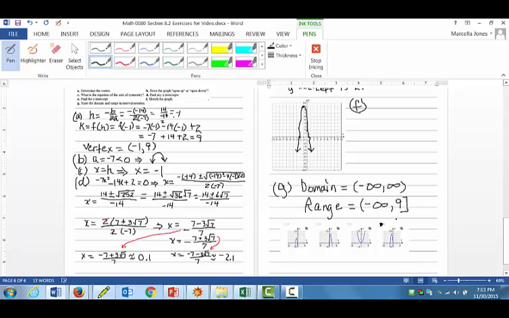So D is the correct choice. Opens downward, is left of the origin, the vertex is left and above the origin, and this would complete the problem.